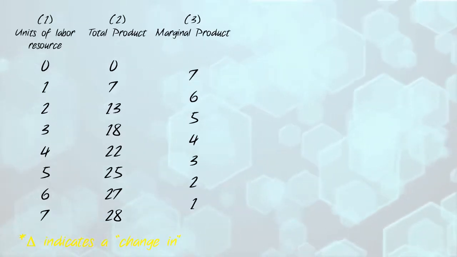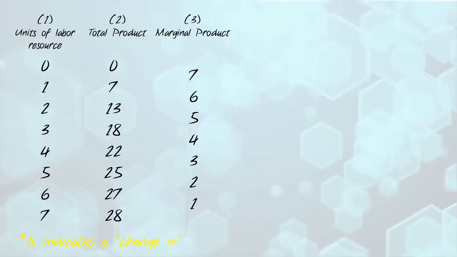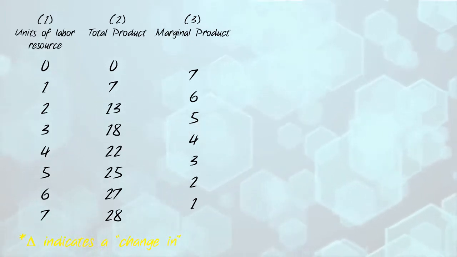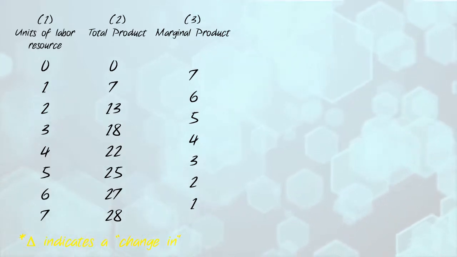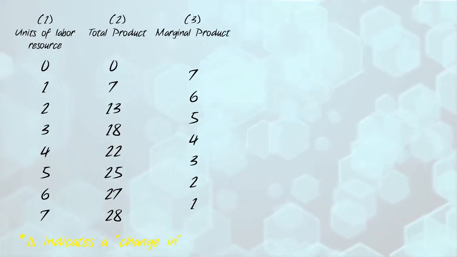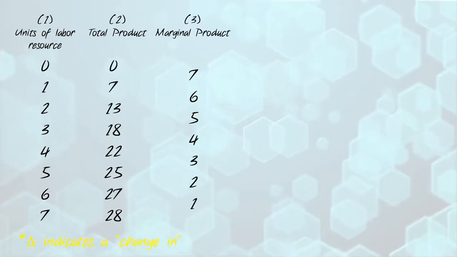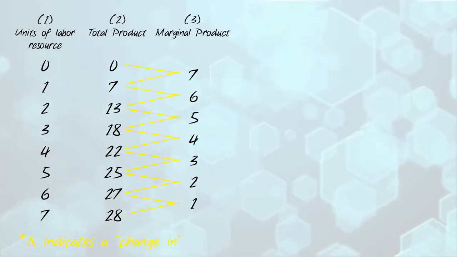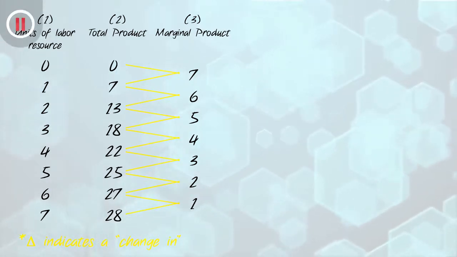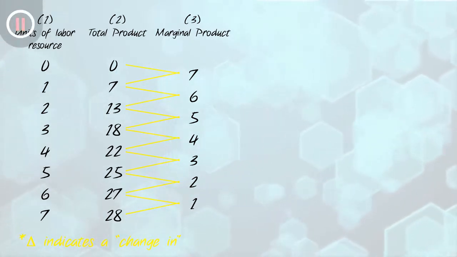Here, for simplicity, we assume that a firm adds one variable resource, labor, to its fixed plant. Note that as the units of labor increase, the total product increases, but the marginal product of labor decreases. What law of economics do you think is responsible for this?